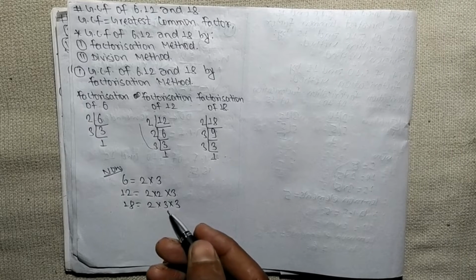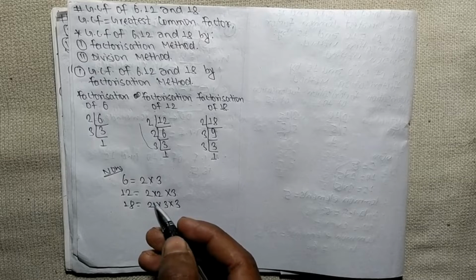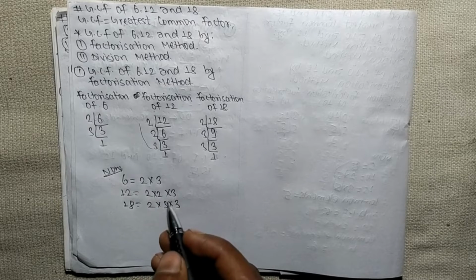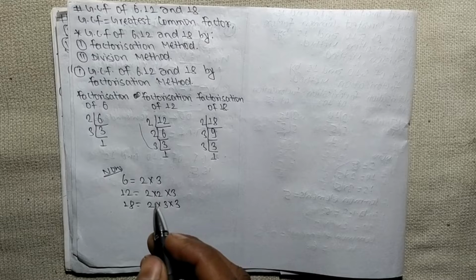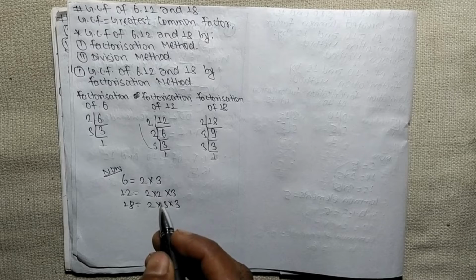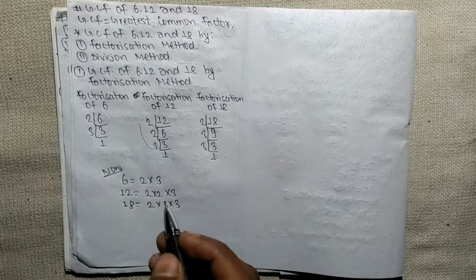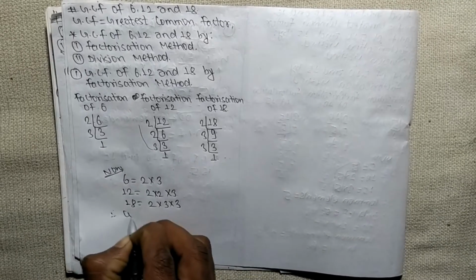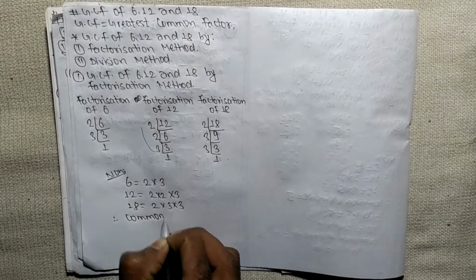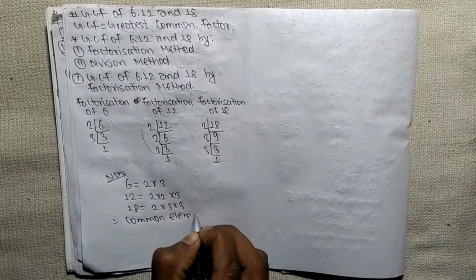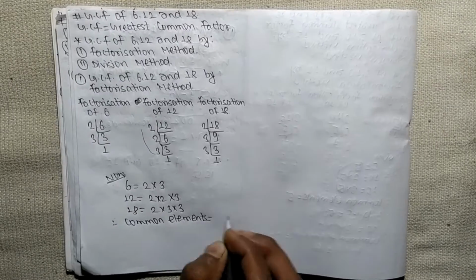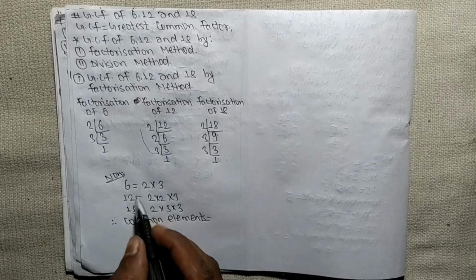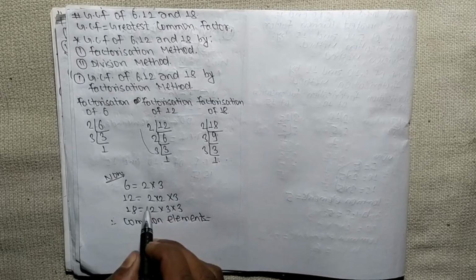As you know, we are finding here GCF. So you must know that GCF is the product of all the common elements. So here we have to find the common elements. What are the common elements in all three prime factorizations?